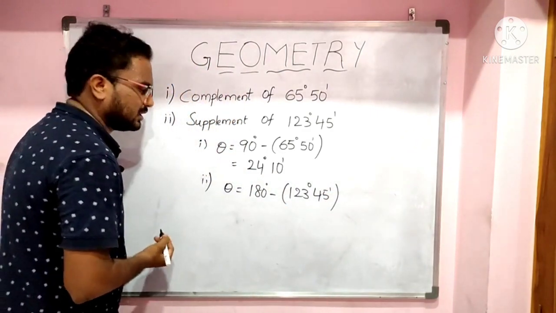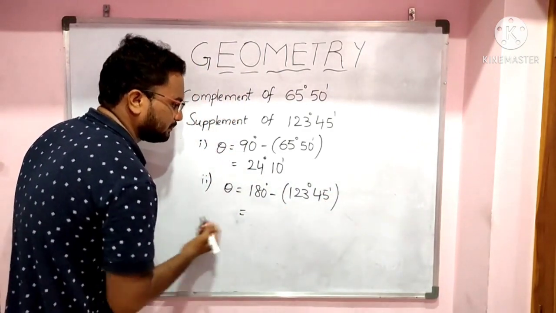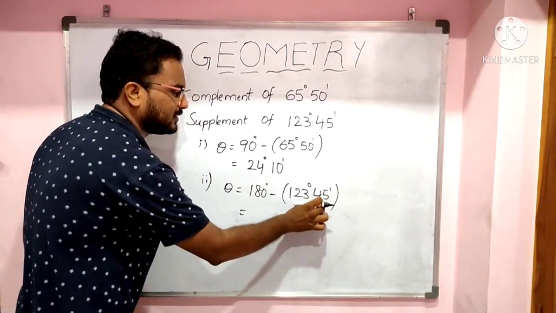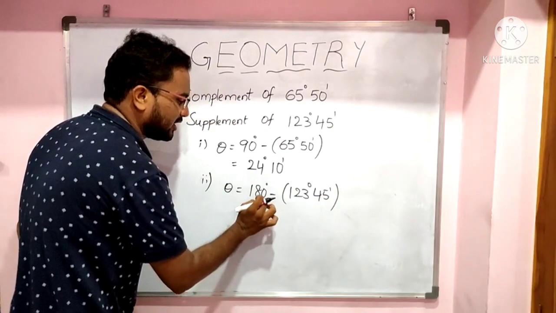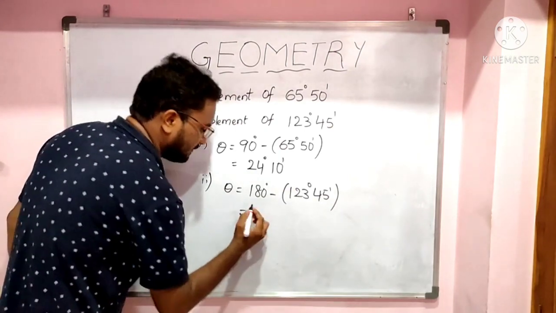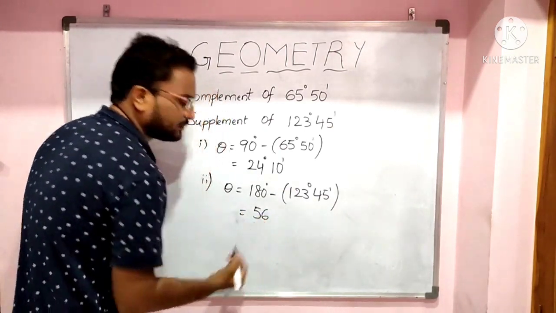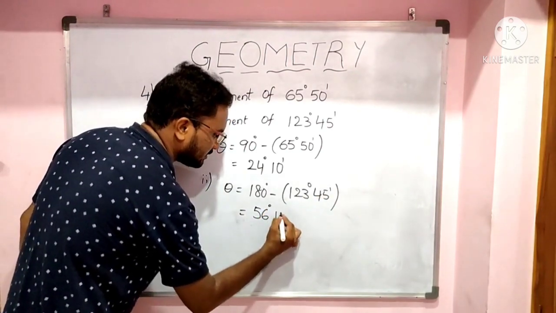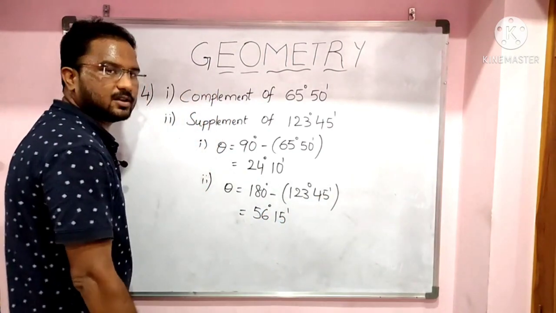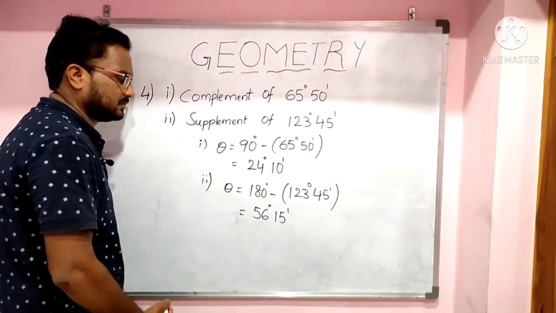If we add 15 minutes here, it should be 124 degrees. So 180 minus 124 is 56 degrees, and then the balance 15 minutes. 56 degrees 15 minutes.